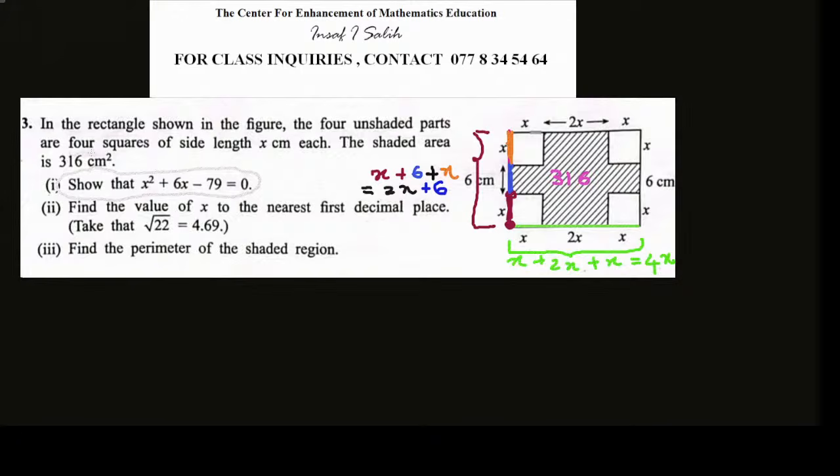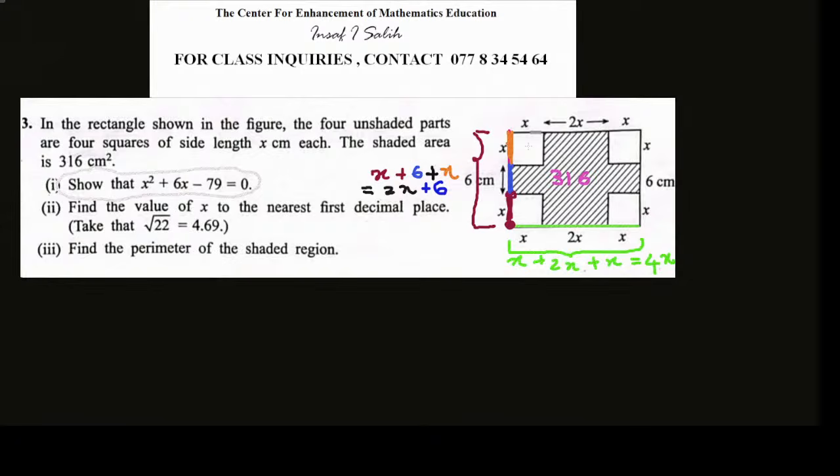We got to build an equation which has these components. So how do we get x squared into our equation? What's the area of each empty square here?